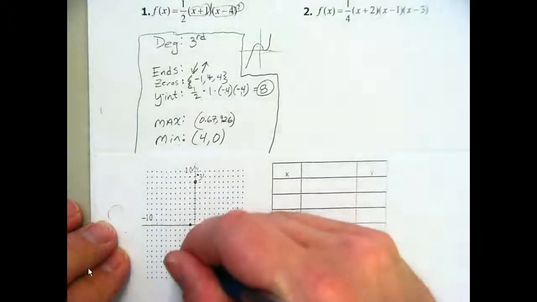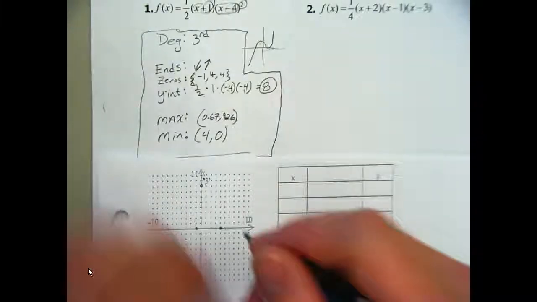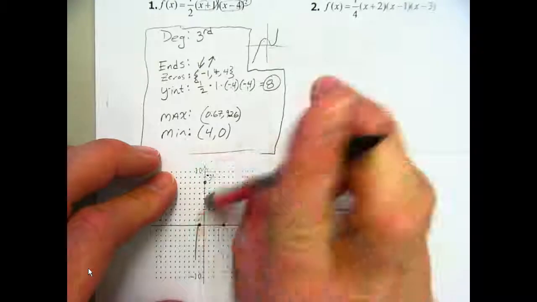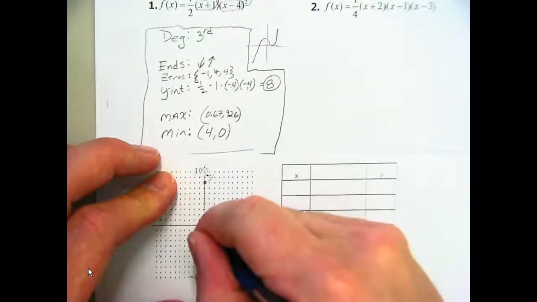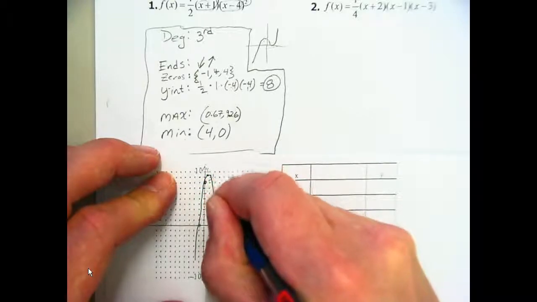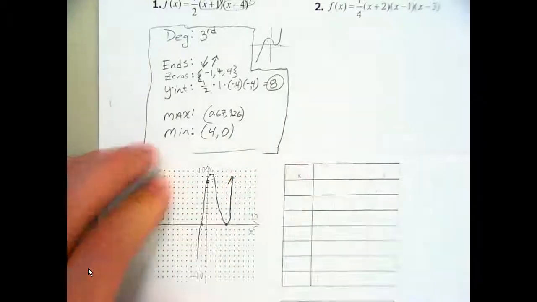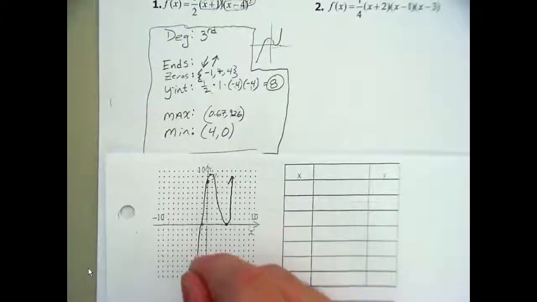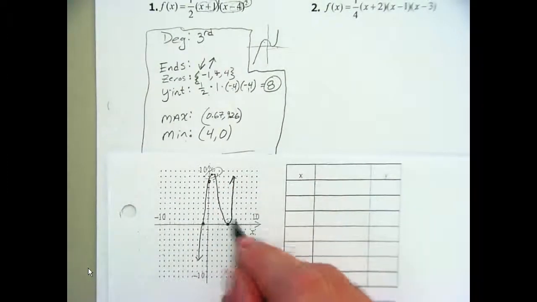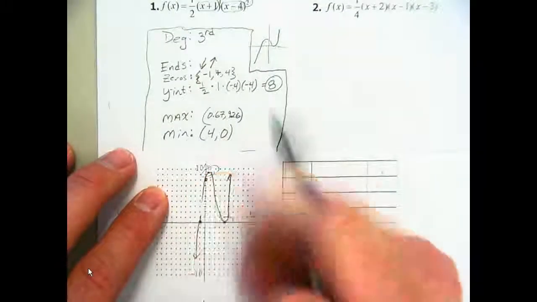So I start down below, cruise on up, actually hit your points, turn, come back down, turn again, and jump back up. So we're just adding our turning points now, making it a little more accurate. Looks like mine gets a little wavy here.